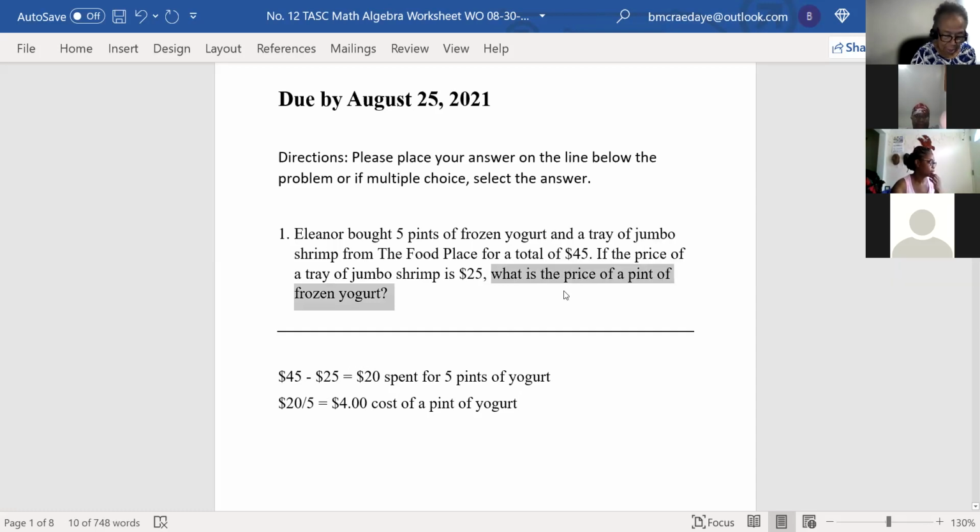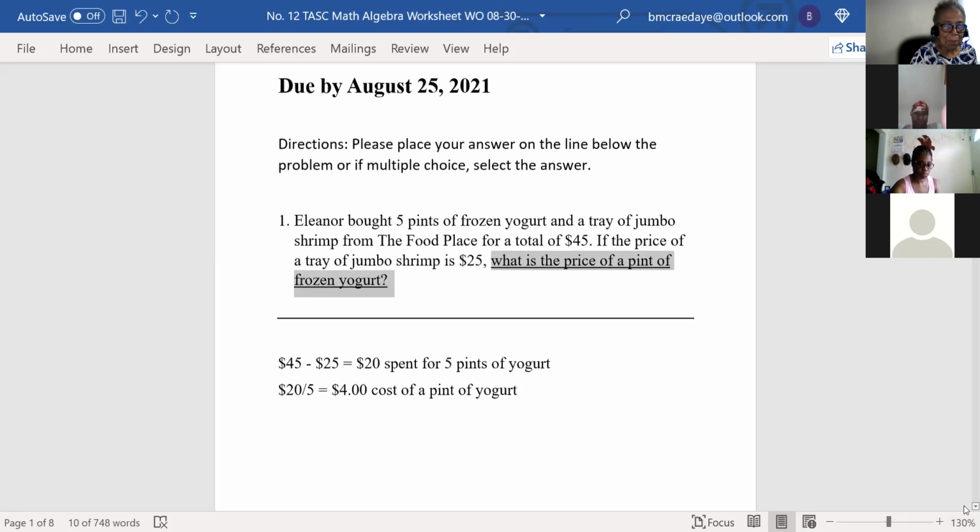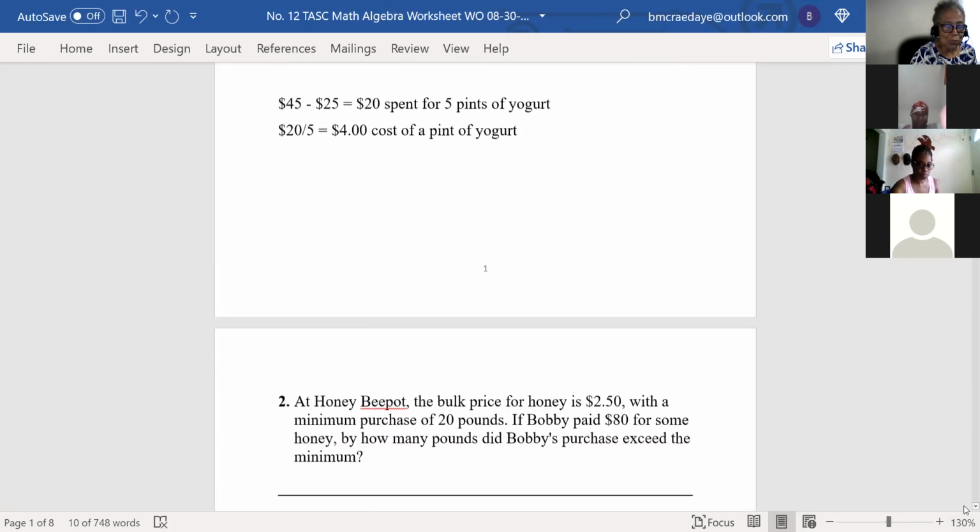You always look at what you're trying to find, right? So you got the cost of $20 for the yogurt, and that represents 5 pints. So Vanessa said divide 20 by 5, you get $4, the cost of a pint of yogurt. Okay, very good.